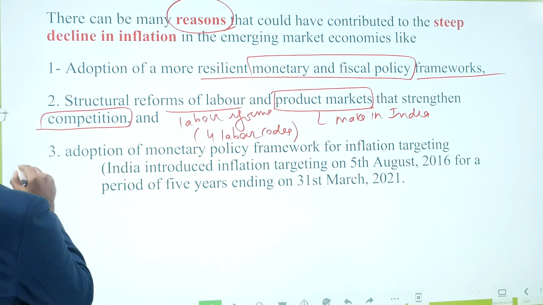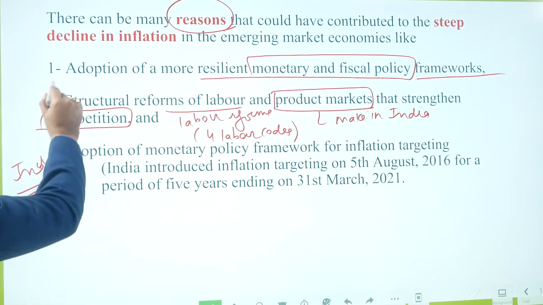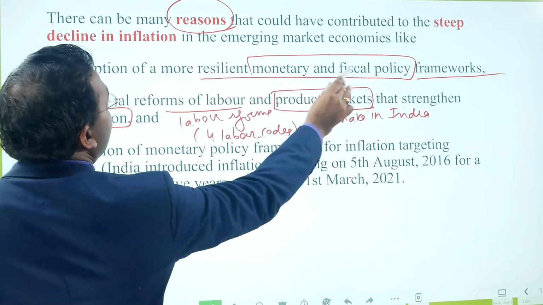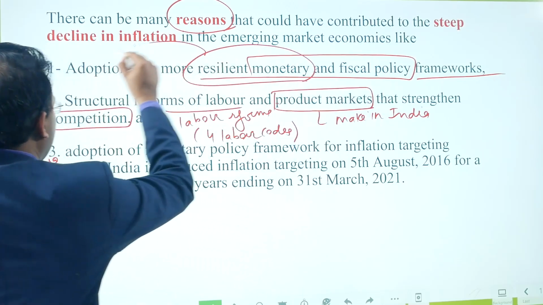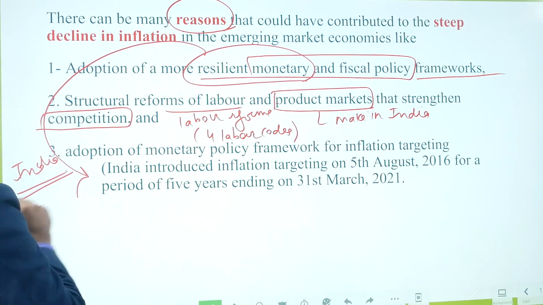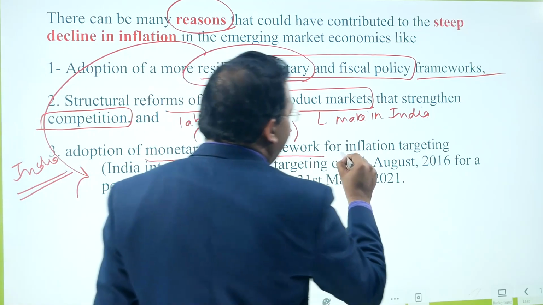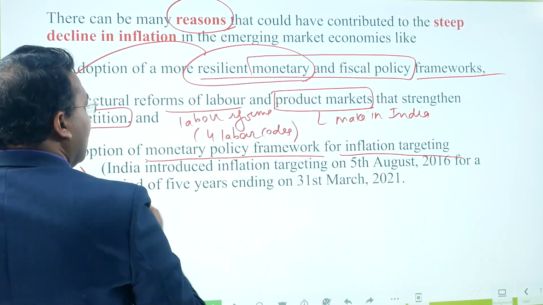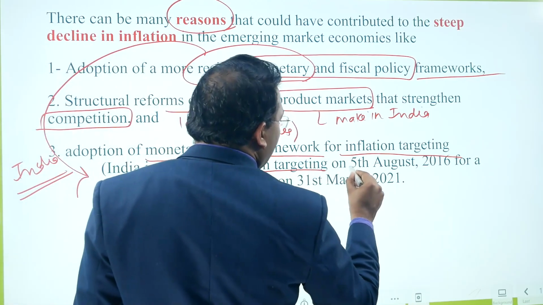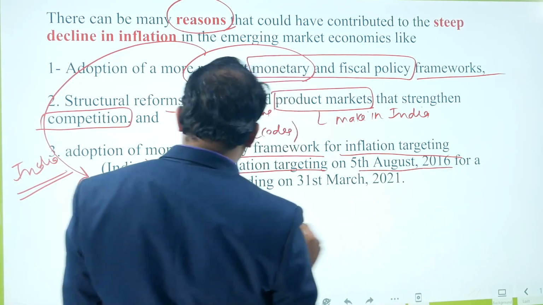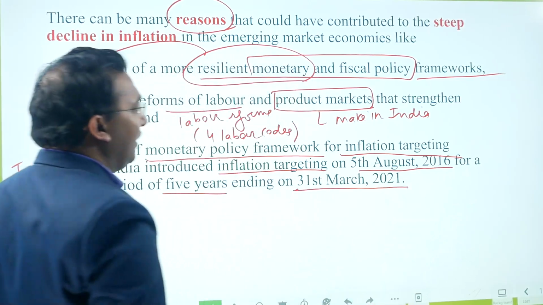So if we talk in the context of India, in the first point we said adoption of more resilient monetary and fiscal policy framework. In the context of India, we have adopted monetary policy framework for the inflation targeting, right? So in India, we adopted inflation targeting framework since 5th of August 2016 for a period of 5 years ending on 31st of March 2021, right?